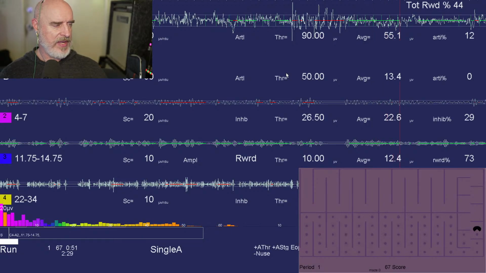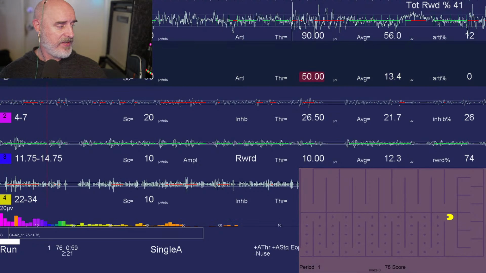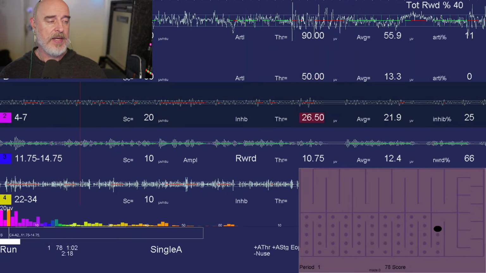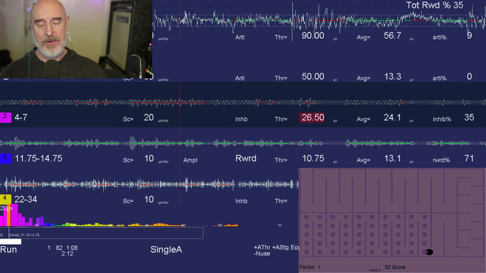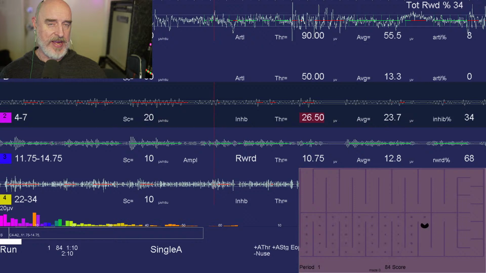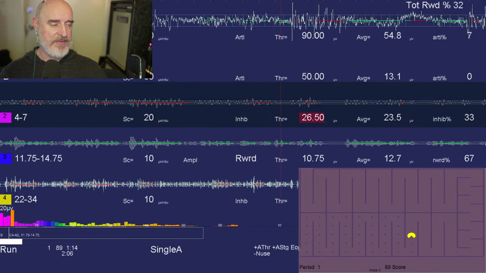So what am I doing here? Well, I'm training these three frequencies on the screen. Next to the purple box, you can see it's labeled 4 to 7. That's theta brainwaves. So theta, 4 to 7 here, you can see that it says average, AVG. I'm making 22 microvolts of theta right now. And generally we want to train down theta for this particular SMR protocol. So what I've done is I've set a threshold.